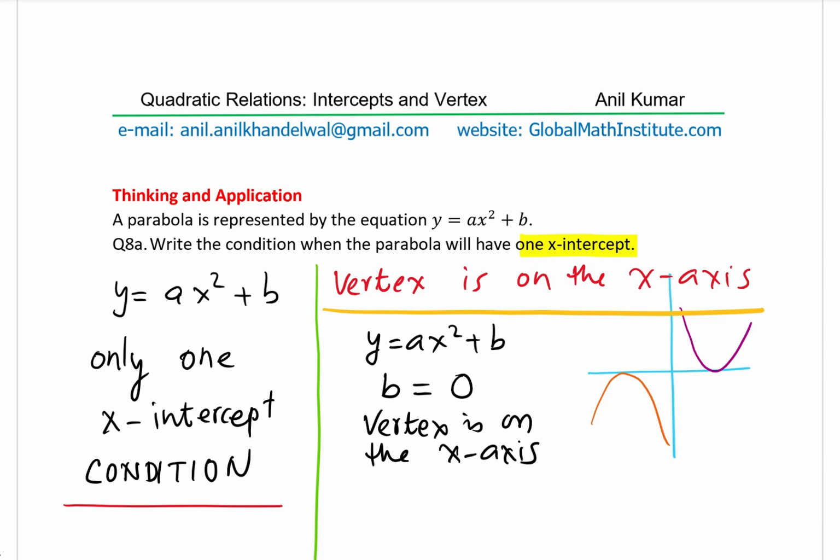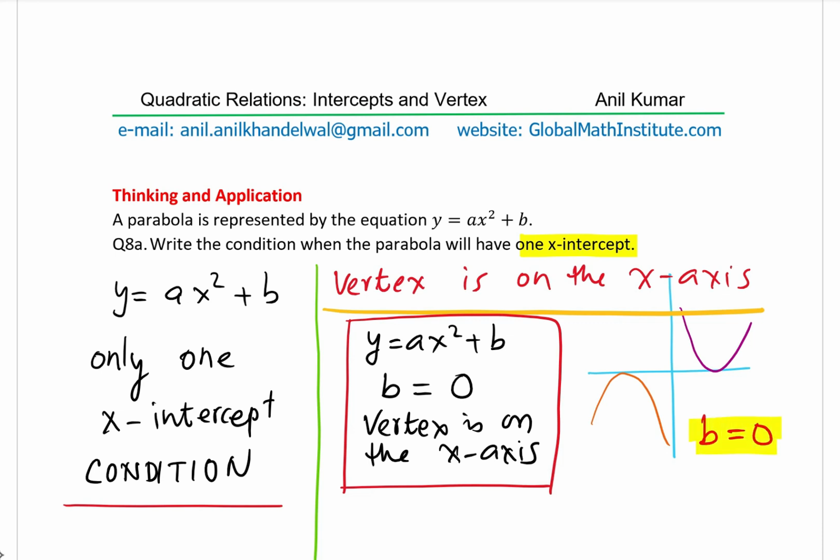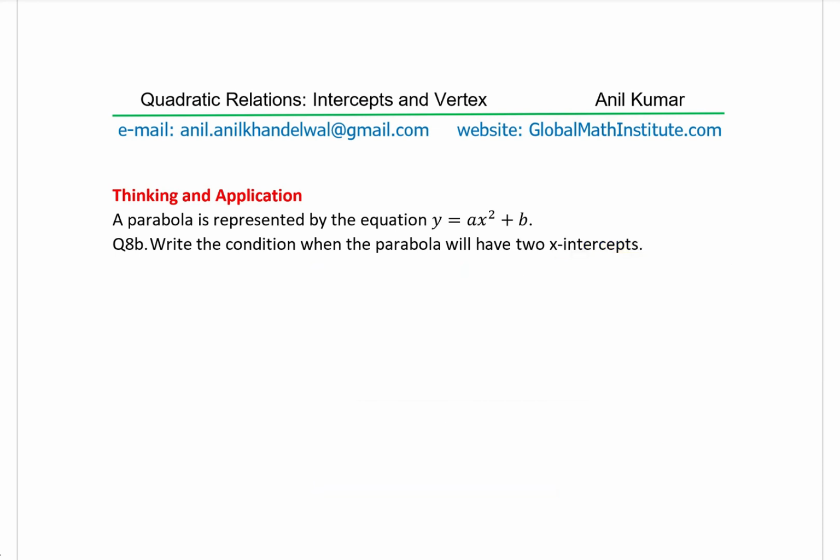So that is the condition which will give us only one x-intercept. Is that clear to you? So let me say here again, b equals to 0 is the condition. Extremely important from test point of view. You could have many multiple choice questions based on this. So we have three parts here actually. We split them into three.